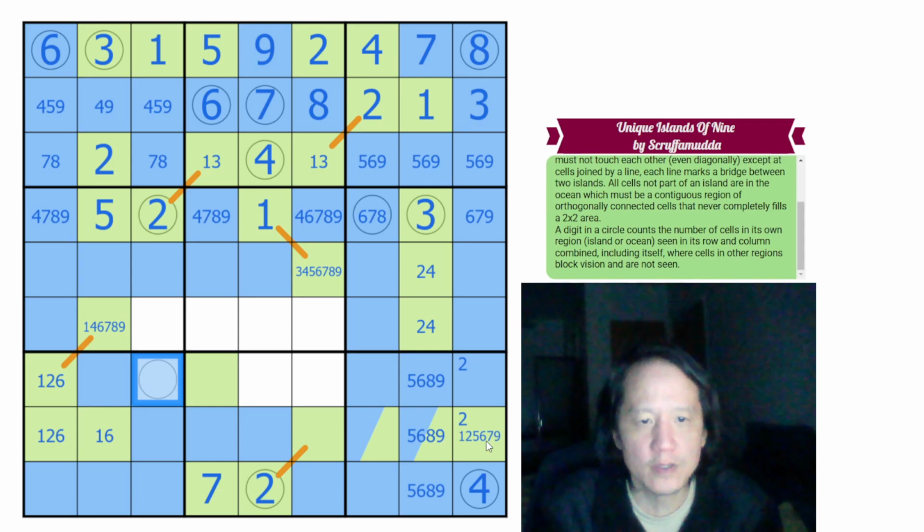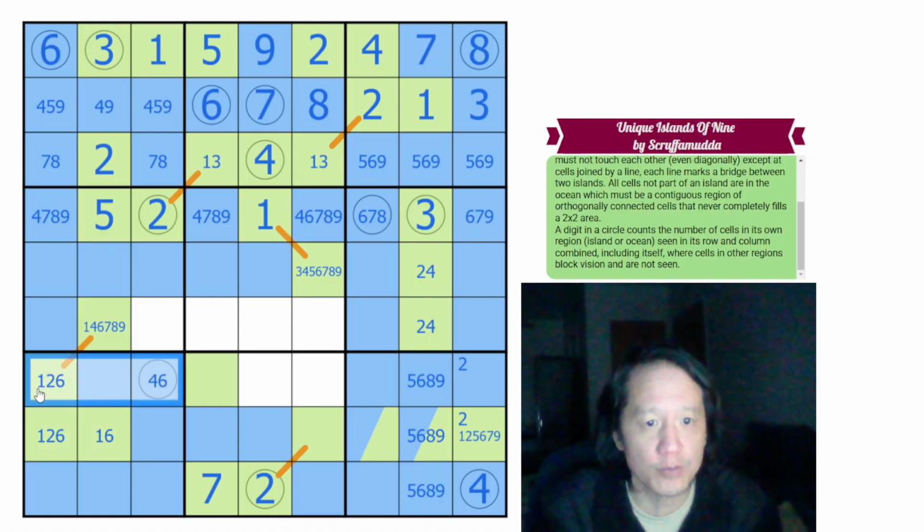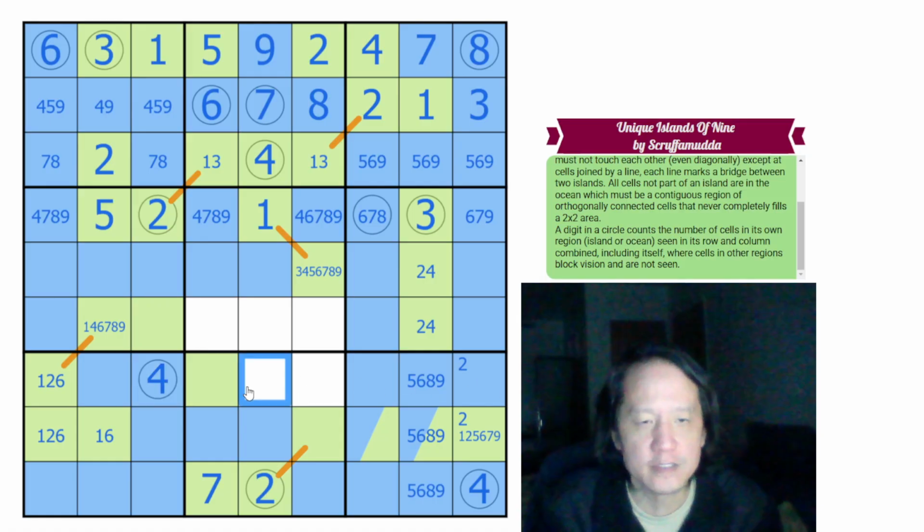This can't be 3. You can see 4, or it can see 6. Those are the possibilities. And it cannot see 6 because we have a 1, 2, 6 triplet in box 7. Therefore, this sees only 4. Therefore, this has to be an island cell, which means this is connected. So this is an island cell.